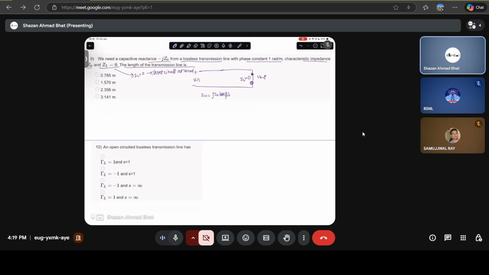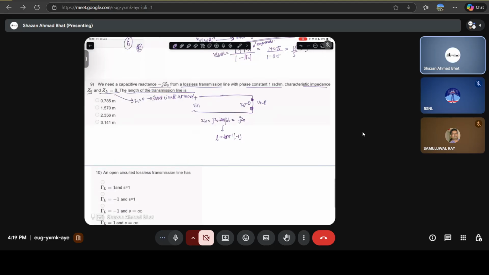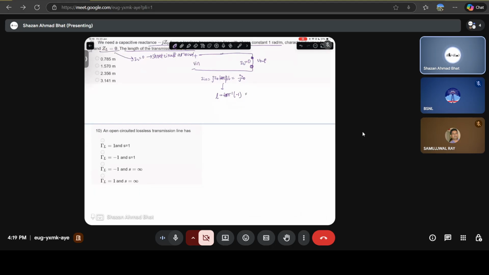And what else is given? This is equivalent to minus J times Z0. And it turns out that you can write beta L equivalent to tan inverse of minus 1, which is 3 pi by 4, or approximately 2.35. So this is exactly 2.35.